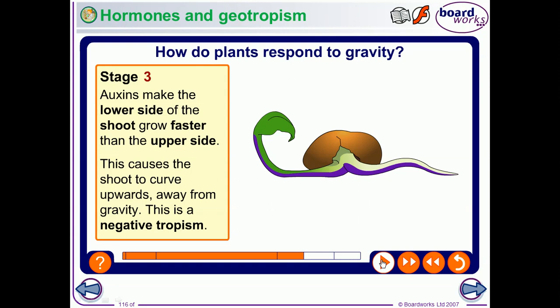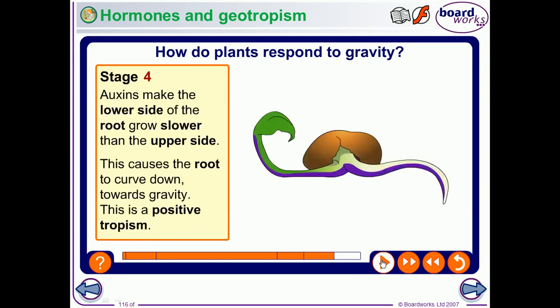And then if you look at the roots, the auxins are on the lower side or the underside of the cells. They inhibit cell elongation. That means there is more cell elongation on the upper side of the roots, and that causes the roots to bend and grow downwards, and because it's growing downwards, you can see it's positively geotropic.